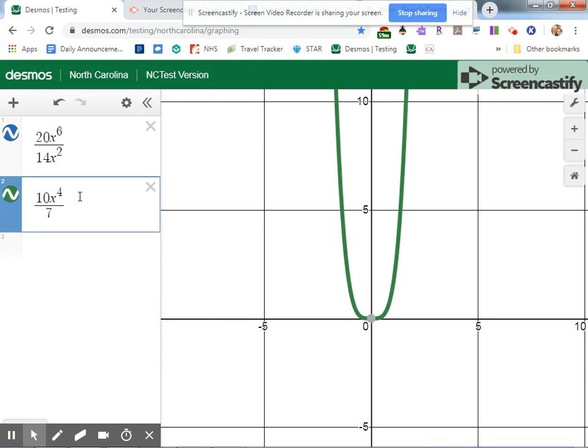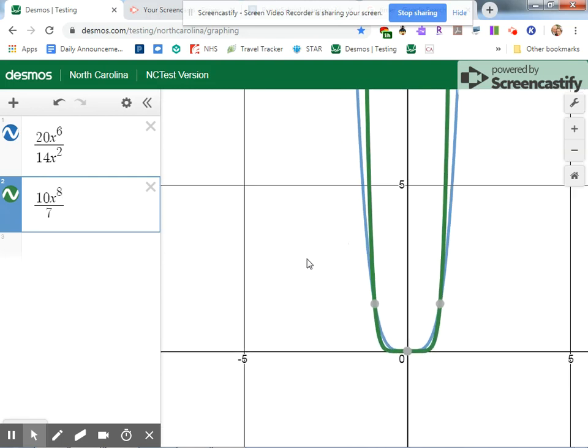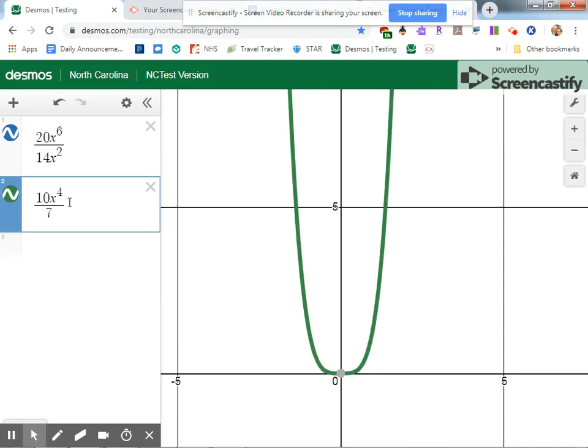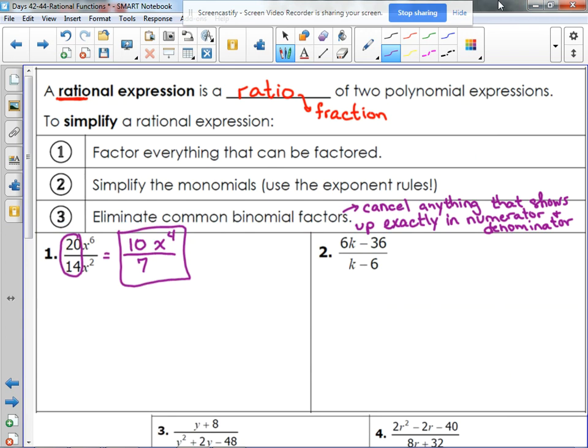So for example, say you messed up your exponent rule. Say you added instead of subtracting. Okay, what if you got 10x to the 8th instead of 10x to the 4th? Notice those are not exactly the same graph, so these 2 expressions are not equal to each other. But if you do it correctly, they should be exactly the same graph, which means that they are equal to each other. Okay?